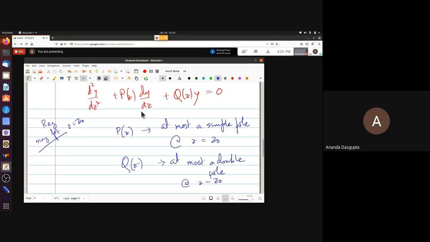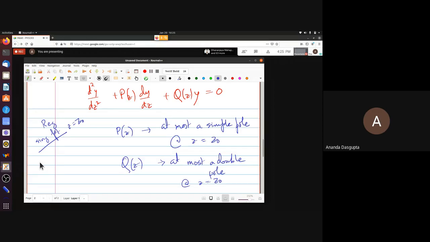One is, if P(z) had more than a simple pole, the Wronskian, which involves the exponential of the integral of P(z), would be rather badly behaved. If P(z) was regular, then the integral of P(z) would basically be a regular function. No problems there.